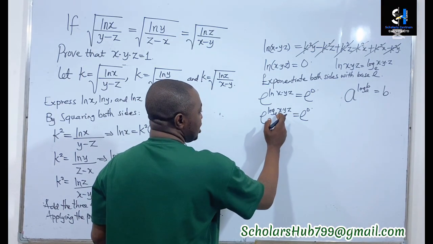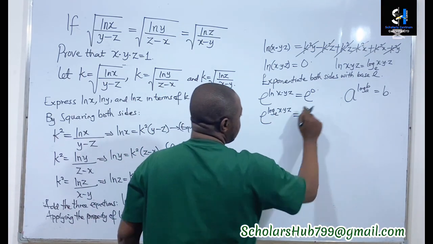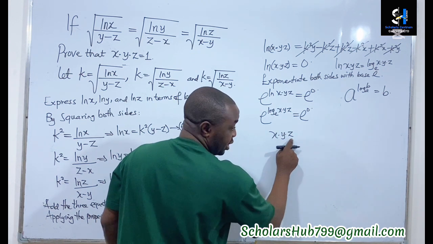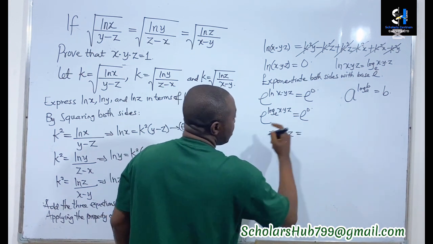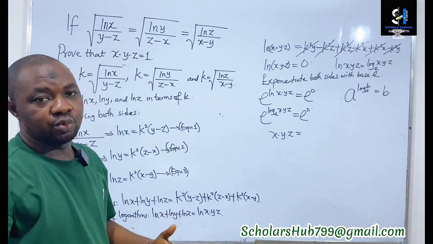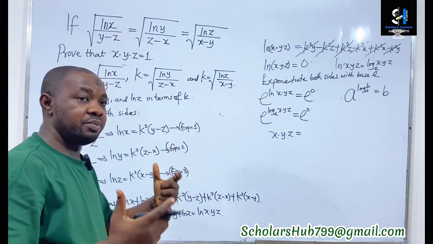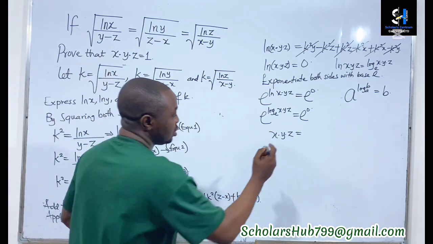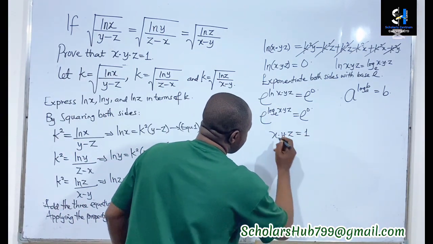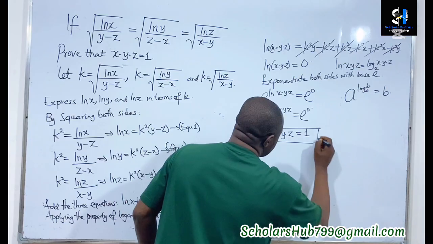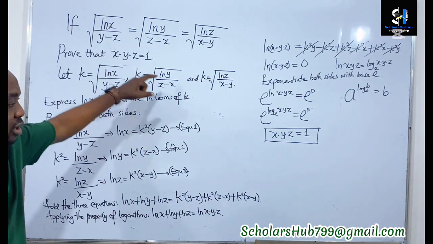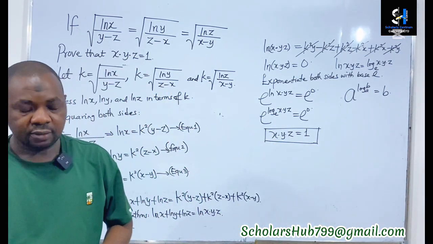The bases are the same, so we write xyz, the product of x, y, z, equals e exponent 0. We know that when a base has a power of 0, it equals 1. So the product of x, y, z equals 1. And we have just proved that the product of x, y, z equals 1.